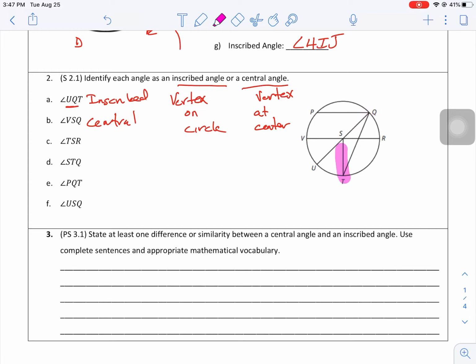From T to S to R. The S is the center, so that's central. S to T to Q. That vertex is here, right? So that vertex is on the circle, so that's inscribed.